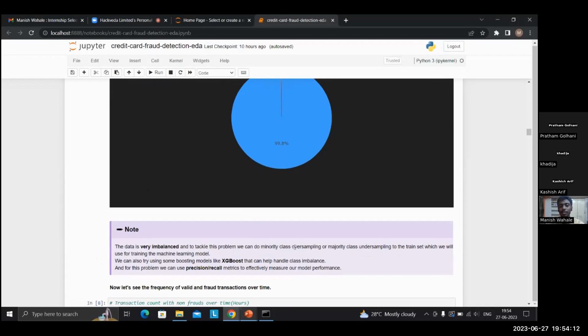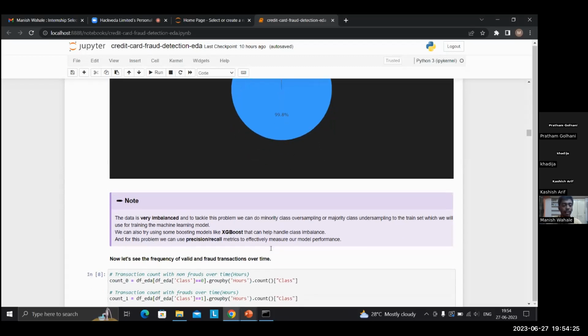We can do that by minority class oversampling or majority class undersampling of our training set, which we will be using while training the machine learning model. Another thing we can do is use boosting models for the predictive classification, such as XGBoost or CatBoost or LGBM. These models are robust enough to handle the class imbalance on their own automatically.